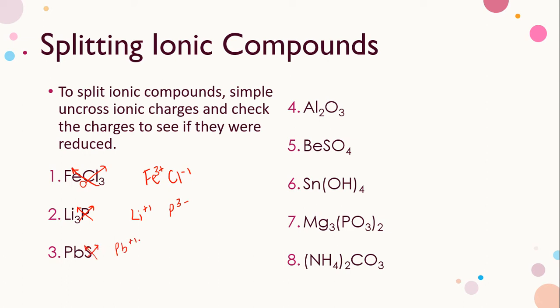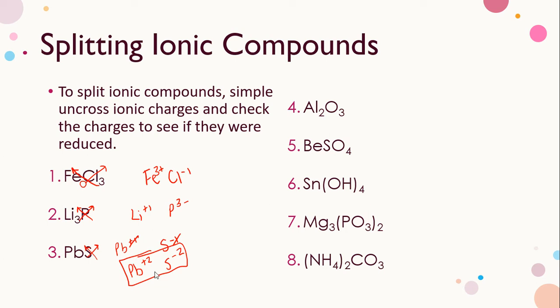Pb appears to have a +1. S has a -1. And you might tell yourself, whoa, whoa, whoa. Sulfur's in group 6, so sulfur should be a -2. So what happened was this was most likely reduced, and Pb is actually a +2 to get reduced. So these are the 2 that we're looking for.